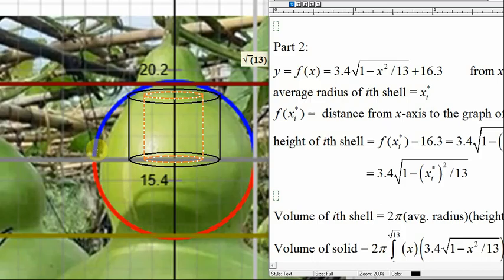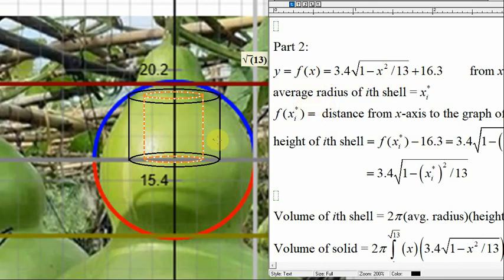Once again, the equation for this curve is y equals f of x equals 3.4 times the square root of 1 minus x squared over 13, plus 16.3. Here y is a function of x, and the axis of revolution is the y-axis, so we'll go ahead and use the shell method.